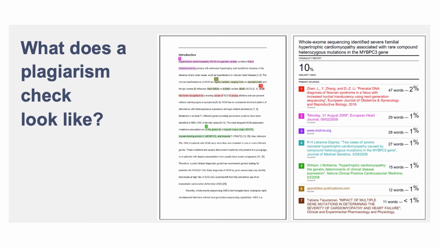And you can see the various parts of this document that are highlighted as coming from previous literature. You can see on the right hand side the previous literature, and you can see the report here. It's a 10% plagiarism check, so this is okay. This would pass into the peer review process at an international journal.